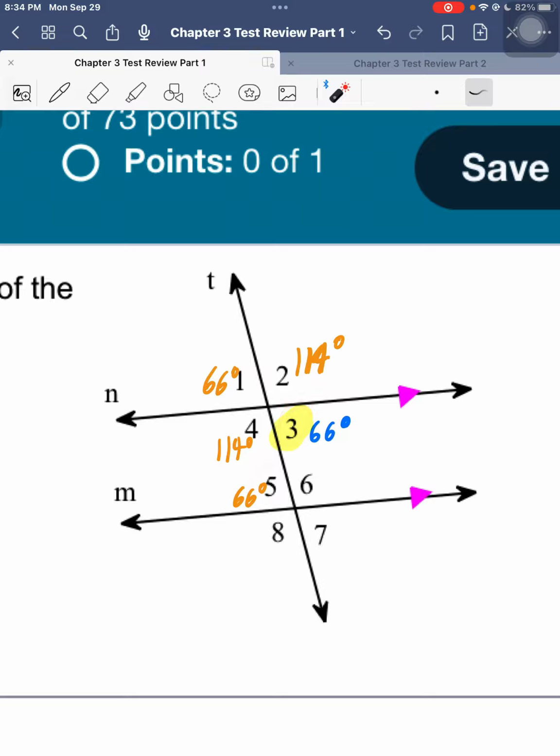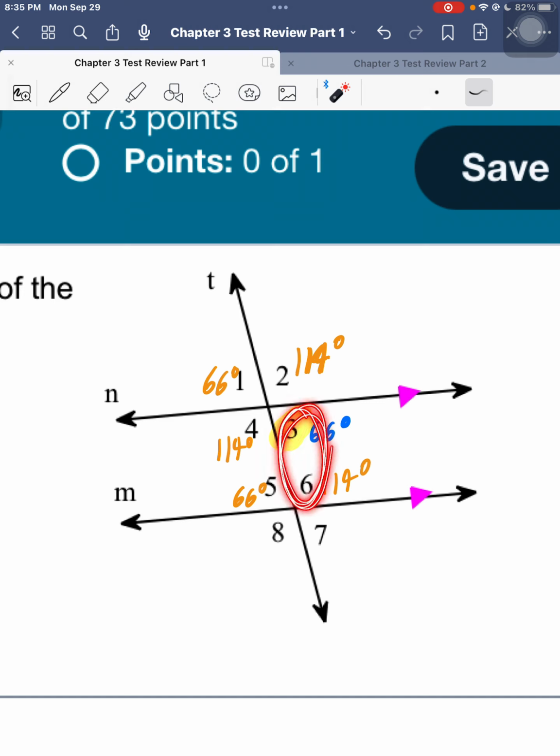Okay? So what is the measure of angle 5? That is 66. Why? Because these two are alternate interior angles. And if I have parallel lines, then my alternate interior angles are congruent. So I can say the reason why 5 is 66 is because of angle 3 and the alternate interior angles converse.